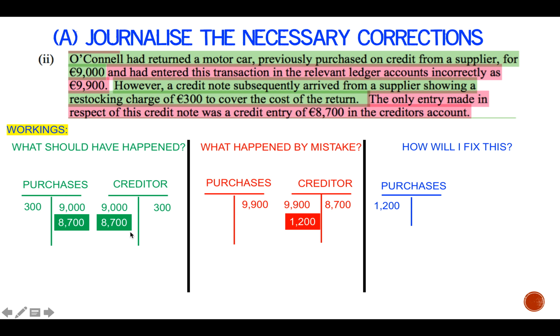So 8,700 minus 1,200 is equal to €7,500 there. Now as you know, our debits and credits must equal, and they don't in this case. So purchases 1,200, creditor 7,500 on the debit side, and we've nothing on the credit side at all. So what we need to do is create a suspense account and 8,700 on the credit side.